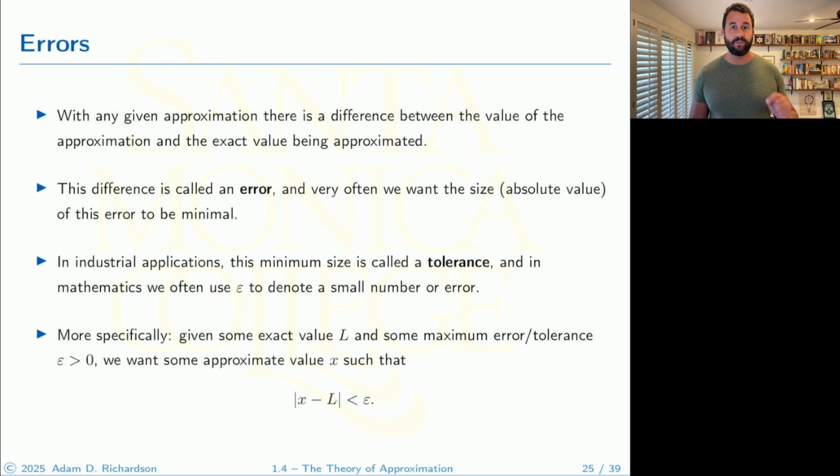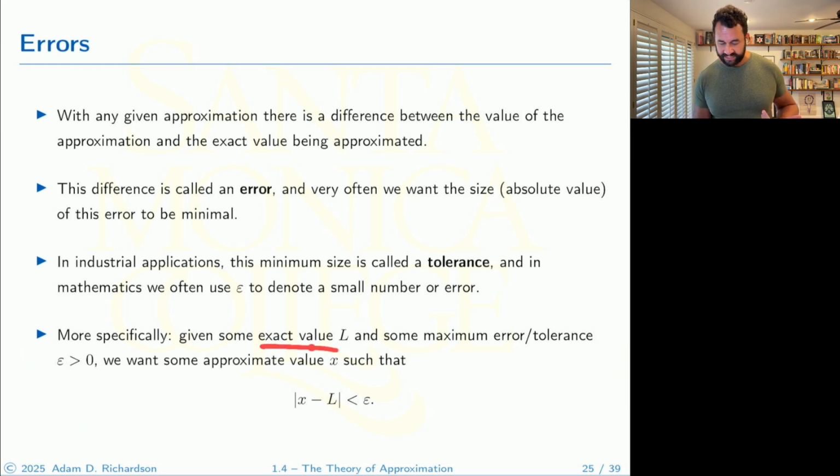Now, let's make this a little more mathematical. Hopefully, the idea is starting to make sense. Exact value, approximation, difference between the two, the size. There's an error, right? A lot of times we have a maximum error that we're allowed, and we call that a tolerance. So mathematically speaking, it's going to look like this.